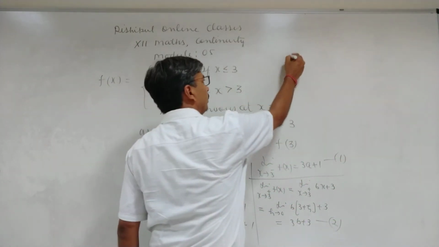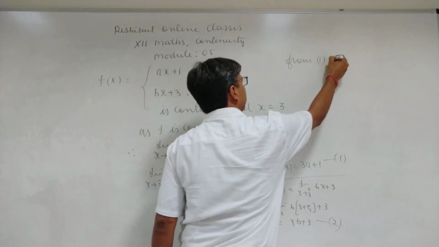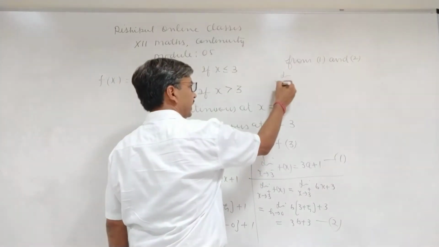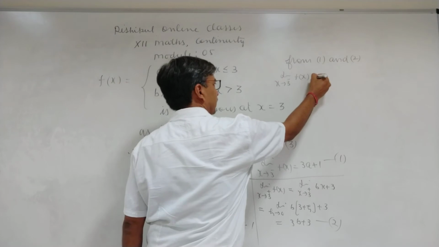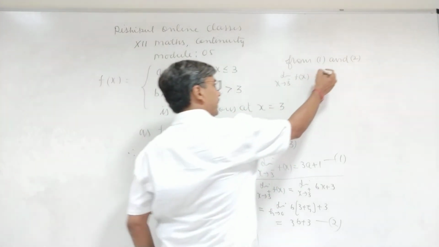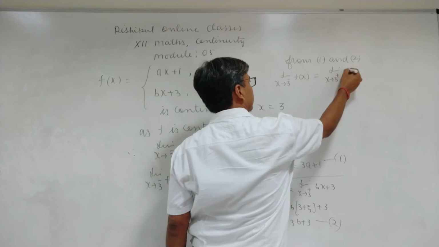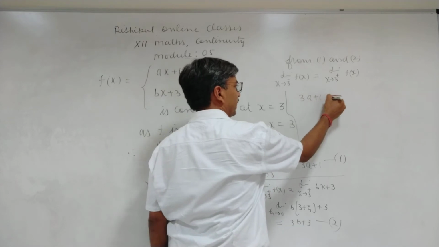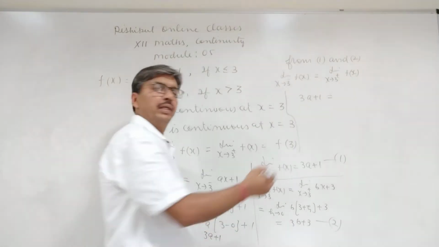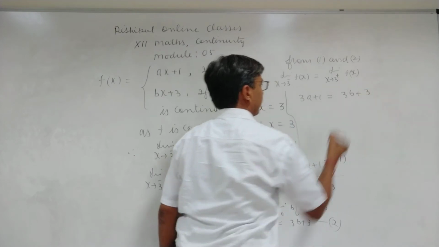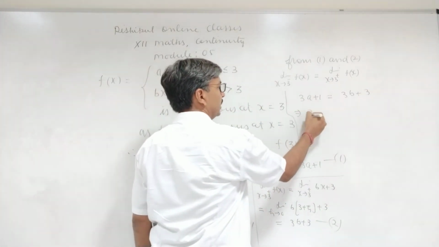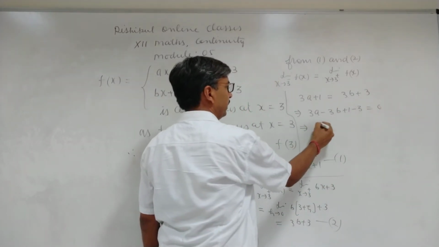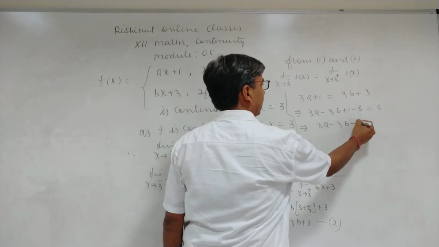Now from equation 1 and 2, limit x tends to 3 minus f(x) must be equal to limit x tends to 3 plus f(x), and this will be 3a plus 1 equal to 3b plus 3, or this will be 3a minus 3b plus 1 minus 3 equal to 0, or 3a minus 3b minus 2 equal to 0.